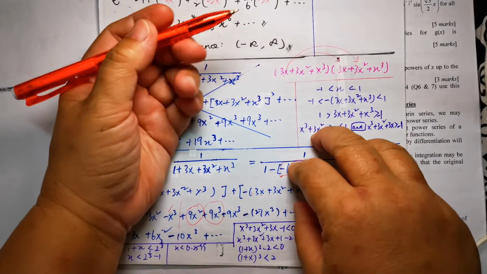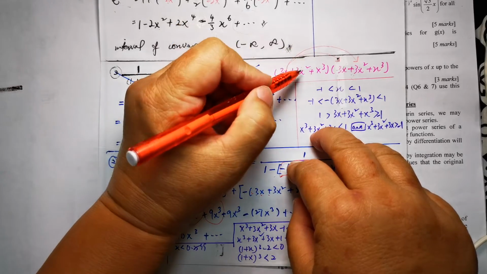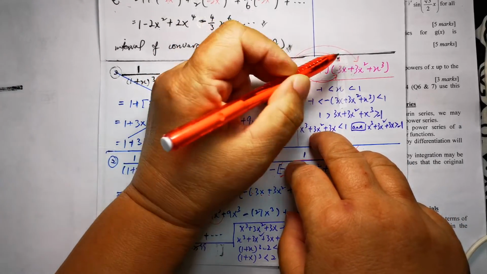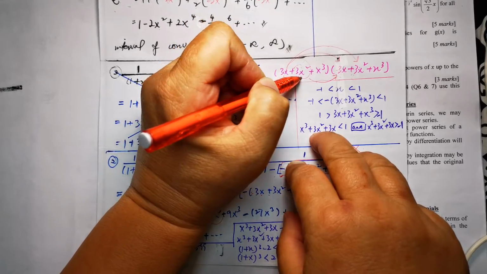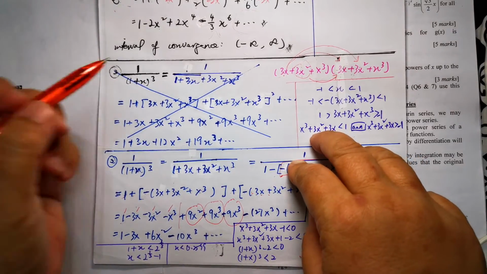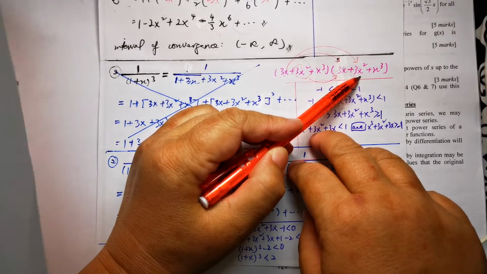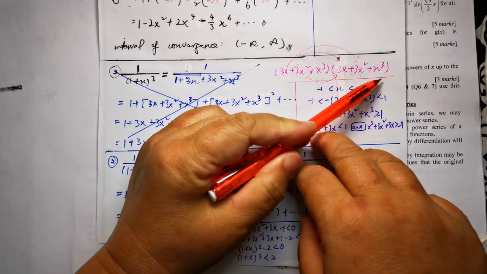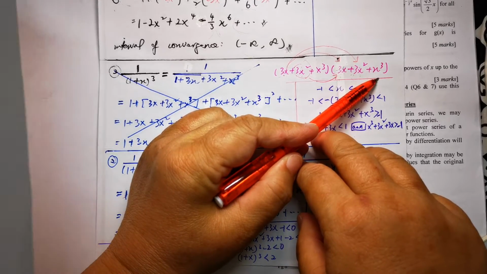Then next, use the second term to multiply all these three. So second term, multiply this one: 3x squared times 3x, so 9x cubed. And then 3x squared multiply 3x squared, again already x power 4, which we don't need. We can omit it. And x squared multiply x cubed, x power 5, we also can omit it.